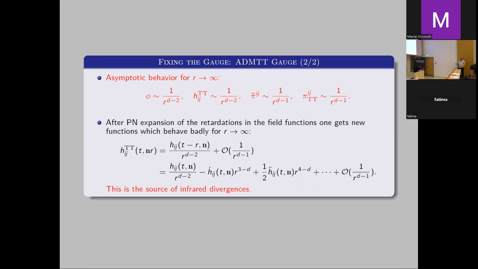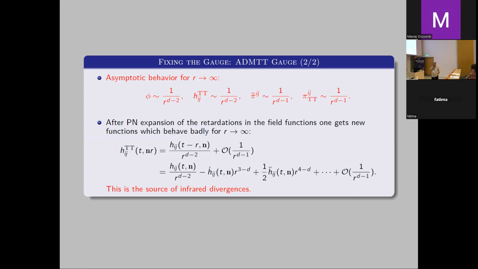As you will see, they fulfill some wave-like partial differential equations, so their solution naturally contains some retardation, t minus r, for the time argument.